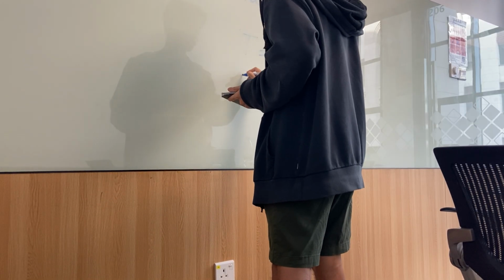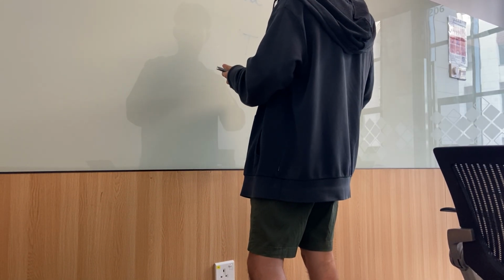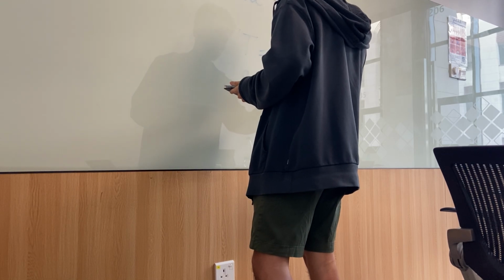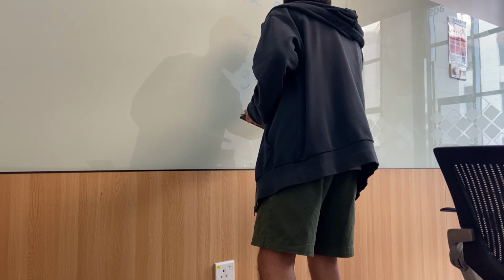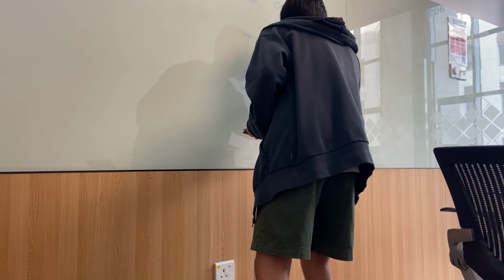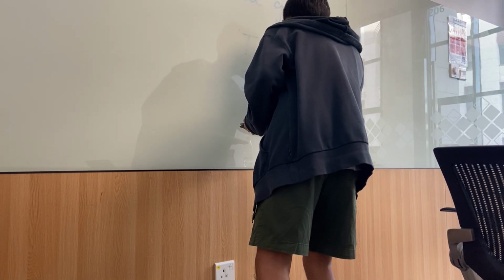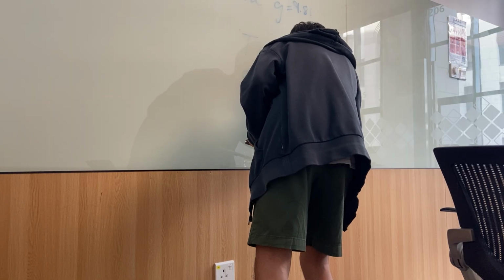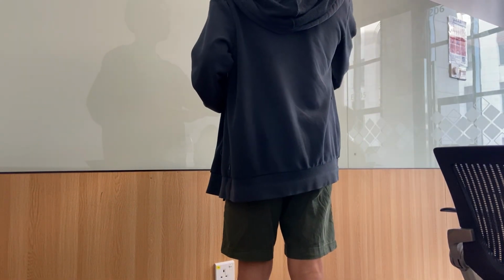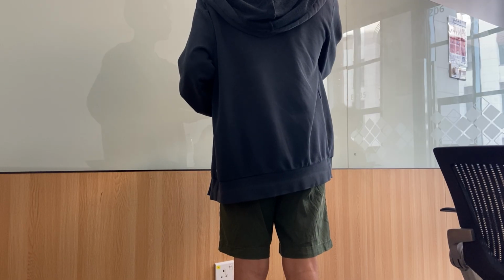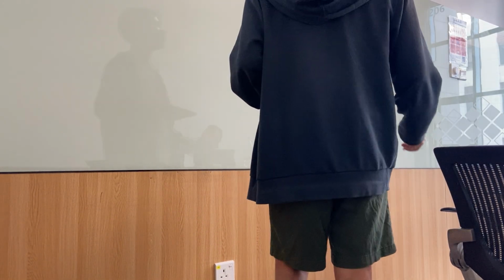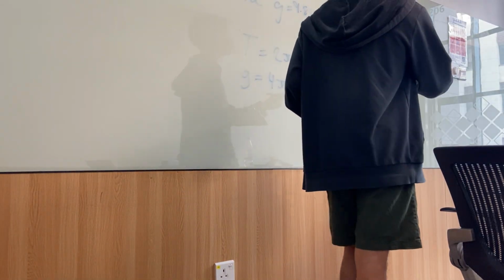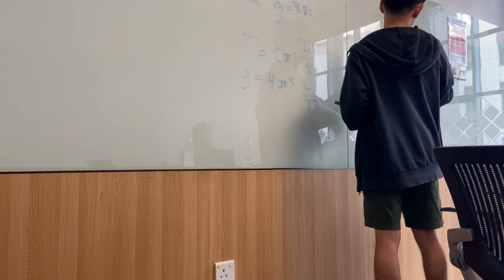We just rearrange it to get this formula. So from this formula, we should be able to calculate g. So how do we do that? So the diagram, this experiment is actually very easy. I think we can just get it done in a day.